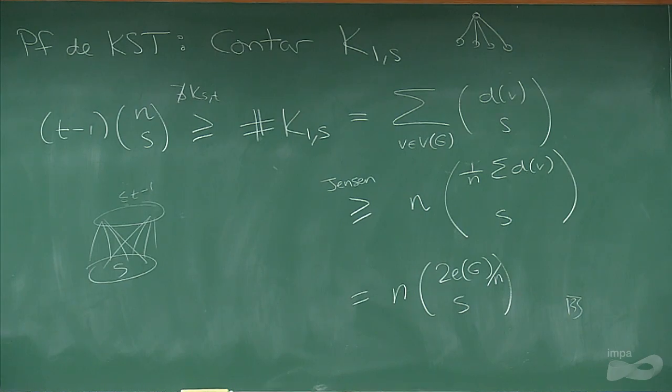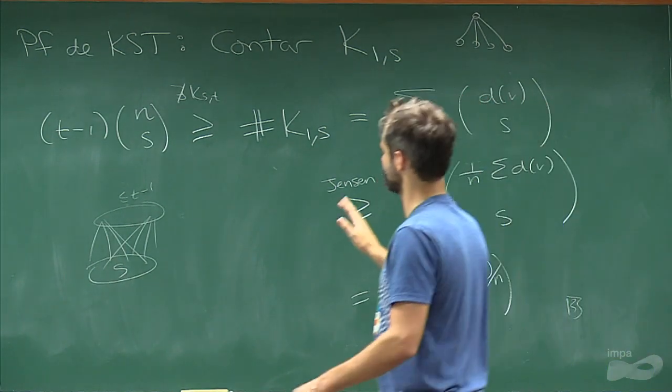Okay, so we're going to do the same trick as with the Erdős–Stone theorem. We're going to first put our graph H inside a complete r-partite graph, where r is the chromatic number.